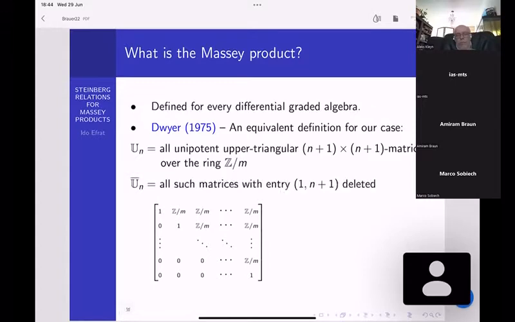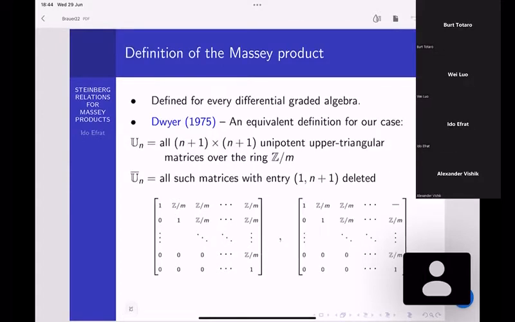And next to it, we look at the group which I denote by U_n bar. So all such matrices, but the entry at position (1, n+1), you simply delete it. I put here a dash for an entry that you delete. Okay, so this also turns out to be a group.